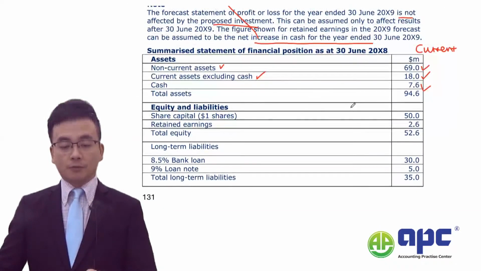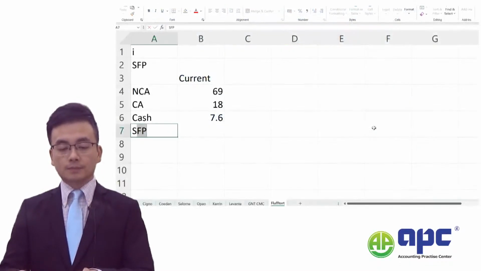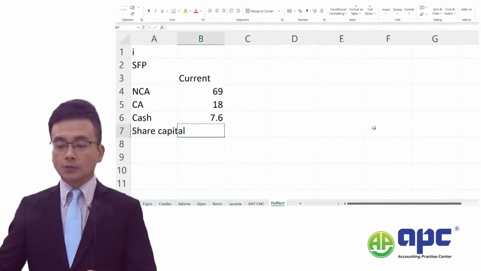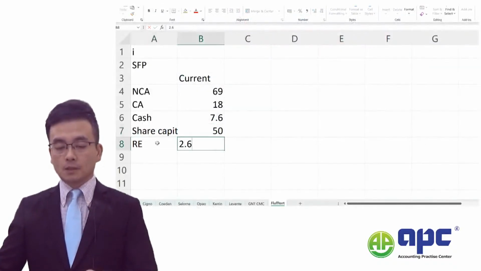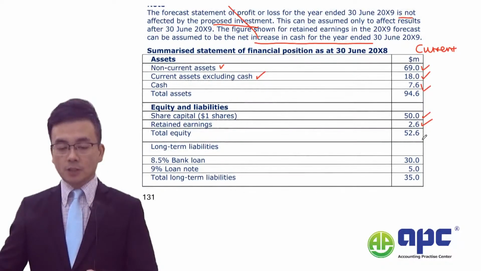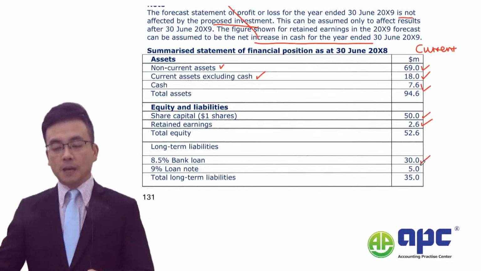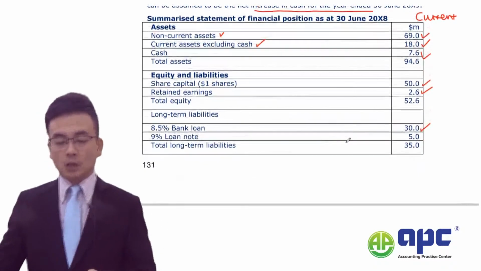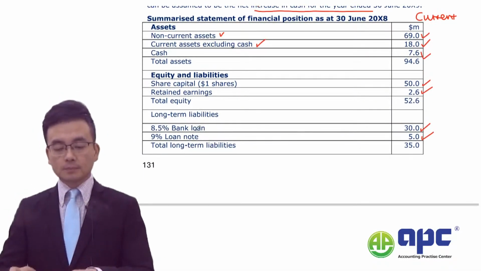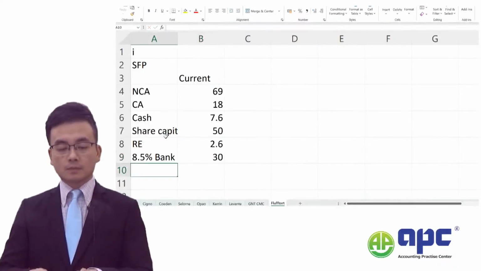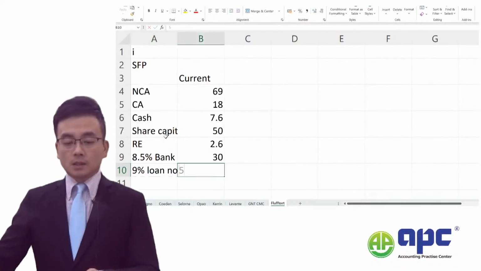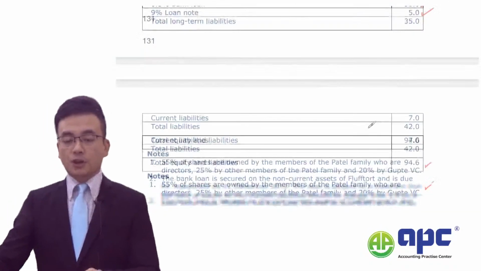We've got total assets, which I don't really care about. Now we've got share capital of 50, and retained earnings of 2.6. Just copy that. And we've got an 8.5% bank loan of 30 and a 9% loan note of 5. And we also have current liabilities of 7.